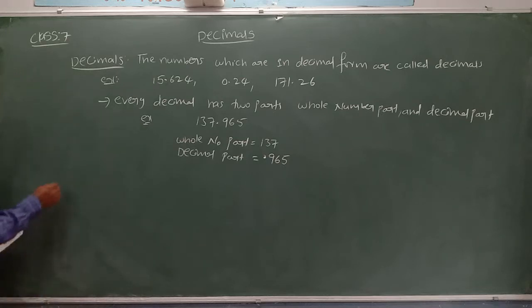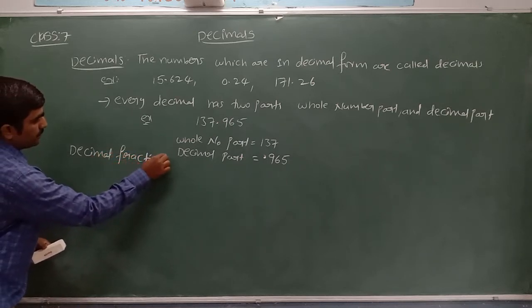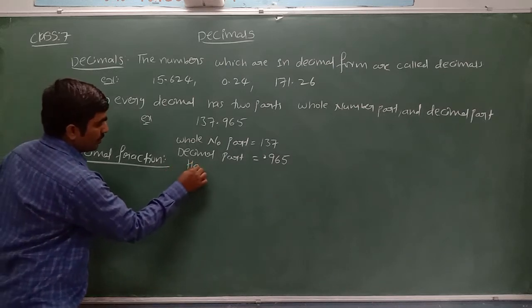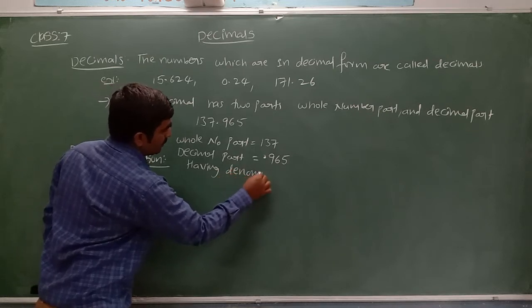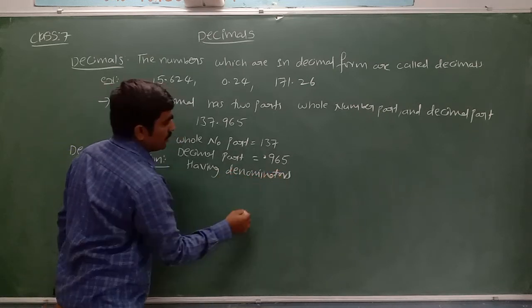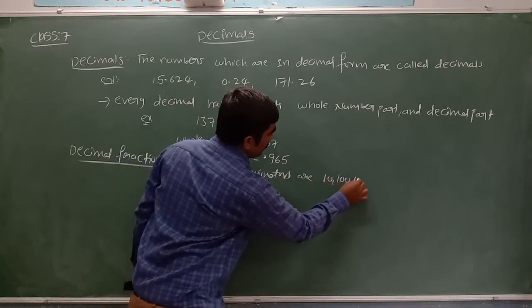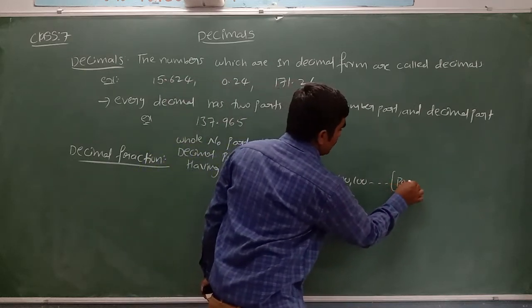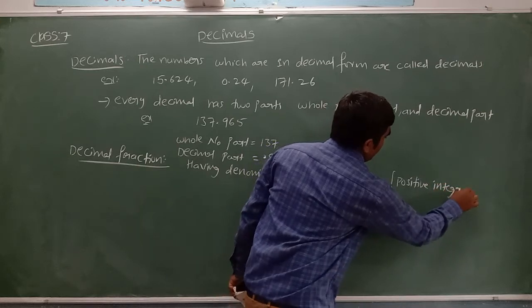Now let's see decimal fractions. What is meant by a decimal fraction? Decimal fractions are nothing but fractions having denominators of 10, 100, 1000, etc., or we can say a positive integral power of 10.